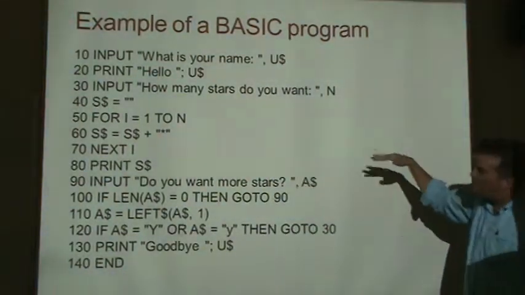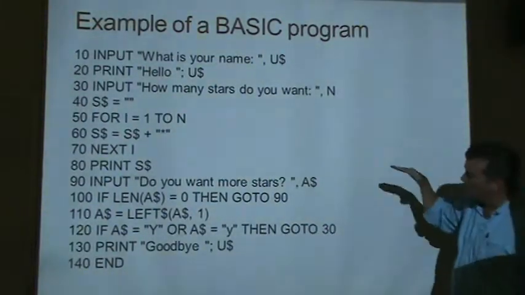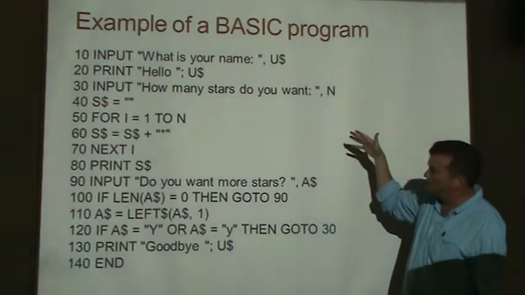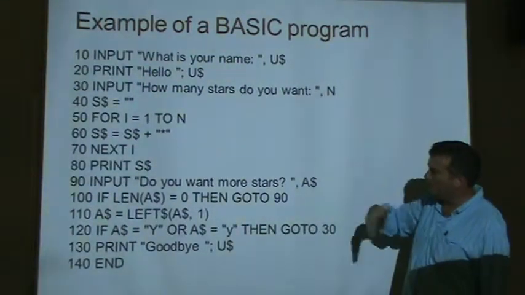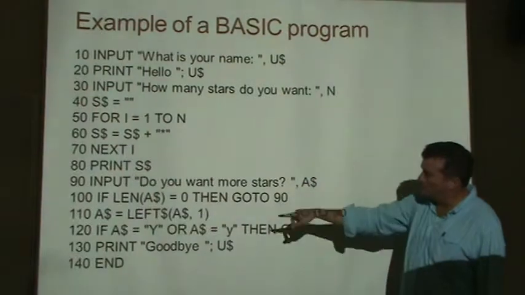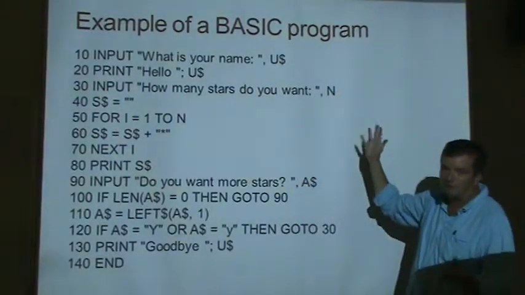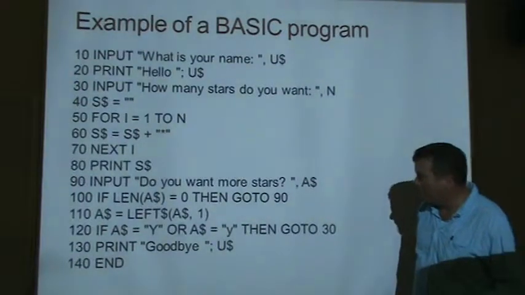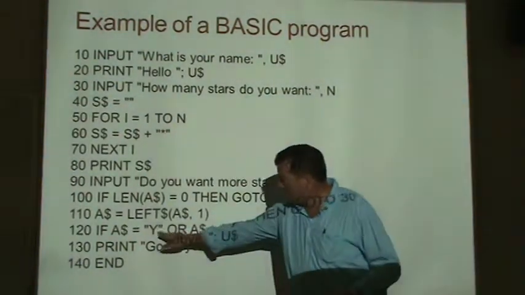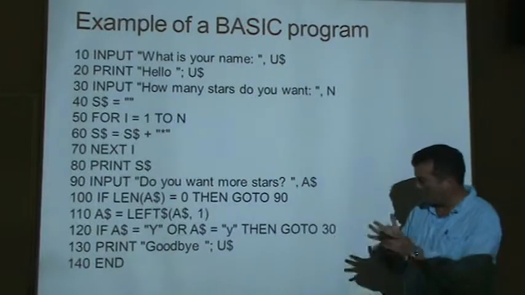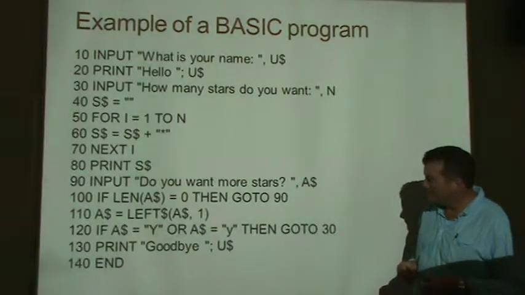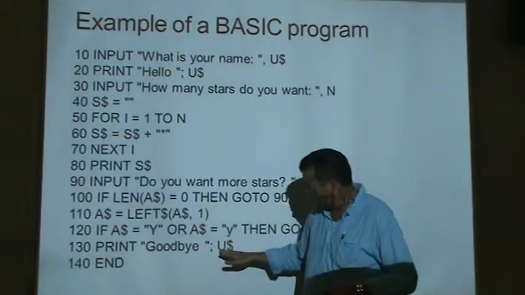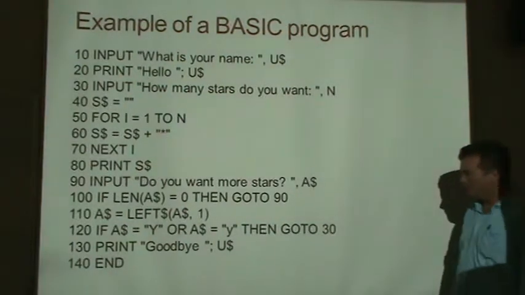So basically what this program is doing is asking how many stars do you want? Whatever number you say, it'll print out that many stars. Then it'll ask you, would you like to pick another number of stars? And if you keep saying yes, it'll keep doing that. If you don't answer with a capital Y or a small y as your first letter, then it'll just print goodbye, whatever your name is, and that'll be the end of the program.